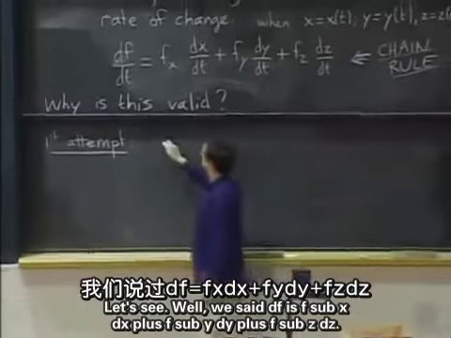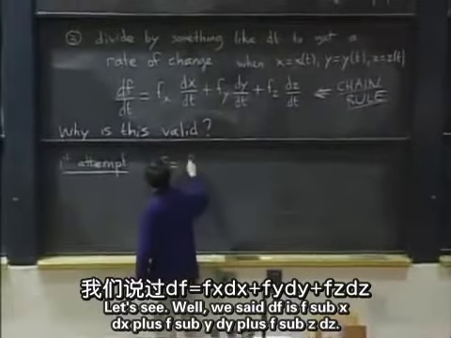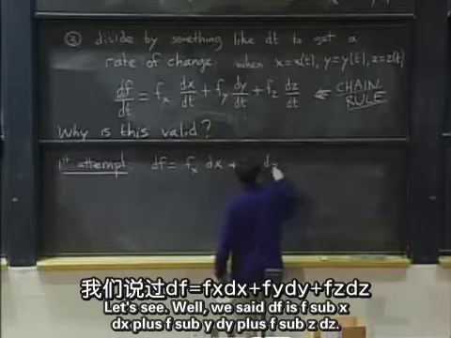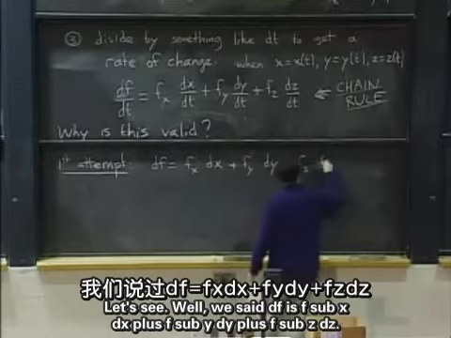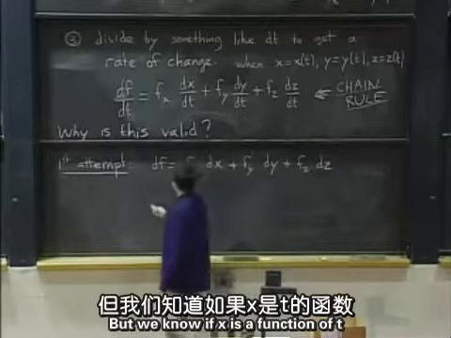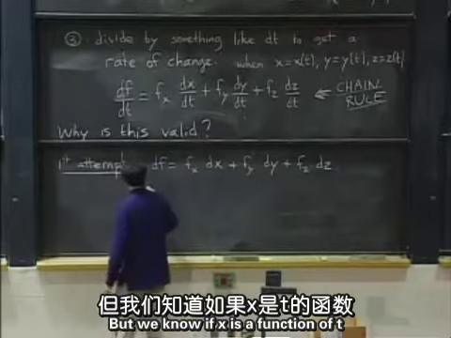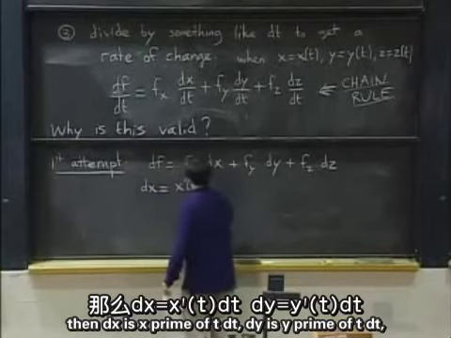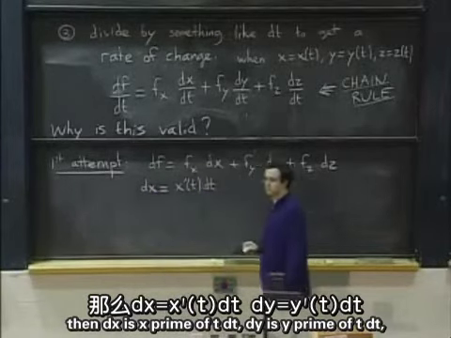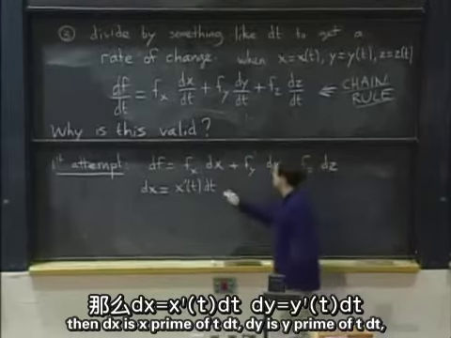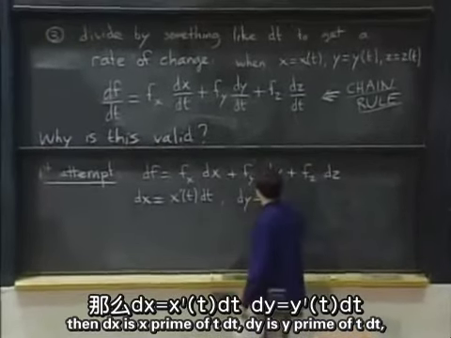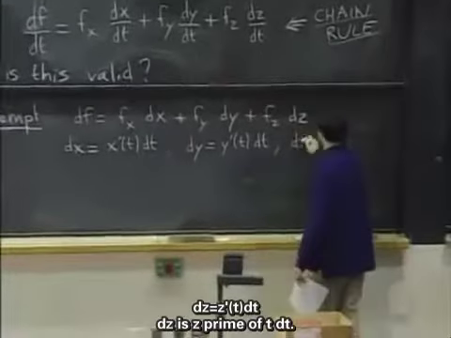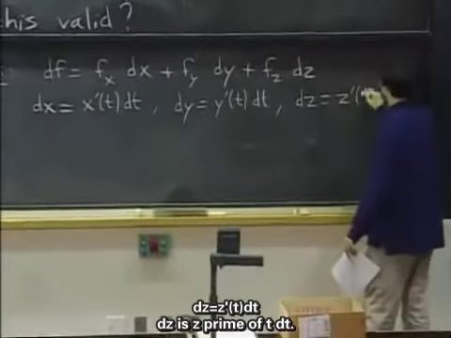Well, we said df is f sub x dx plus f sub y dy plus f sub z dz. But we know, well, if x is a function of t, then dx is x prime of t dt, or dx dt dt, as you prefer. Okay? dy is y prime of t dt, dz is z prime of t dt.